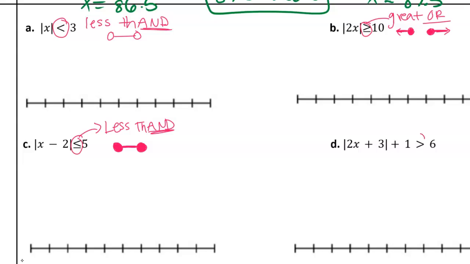All right, and the last one, again, we have great or. So we're going to have two separate points shaded in different directions. There is no equal sign, so we will not shade the circles.